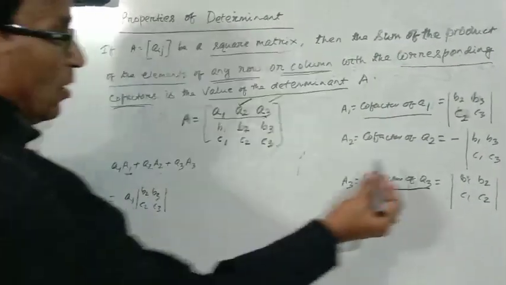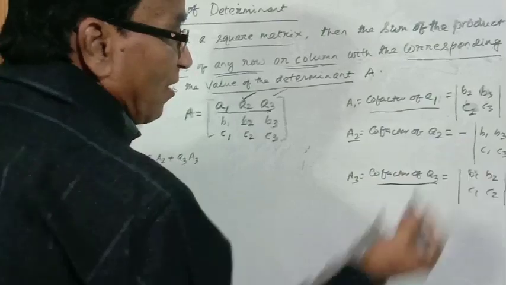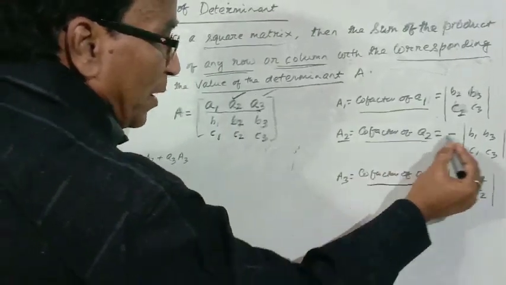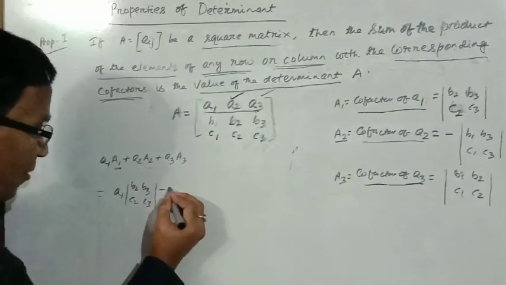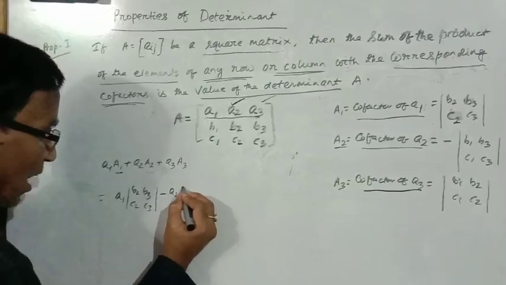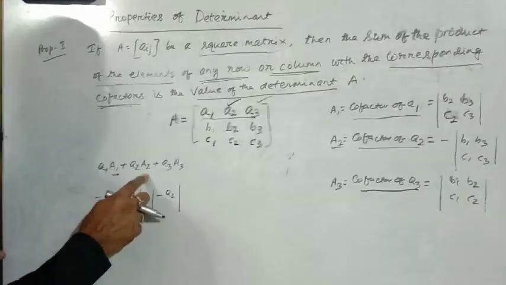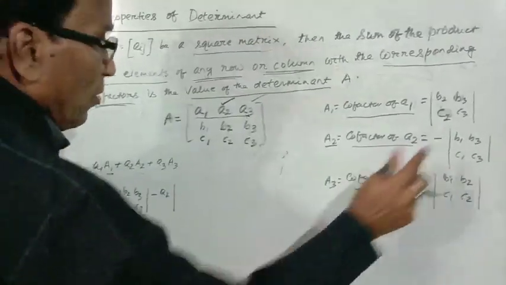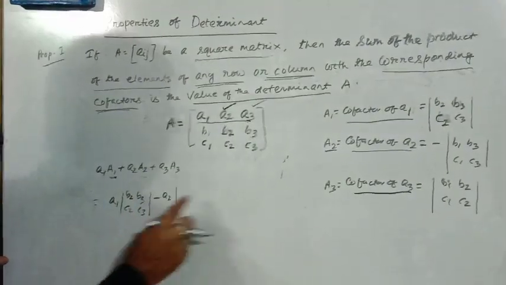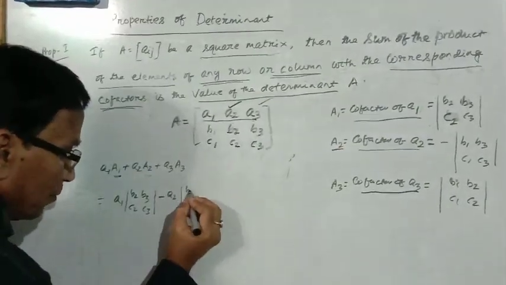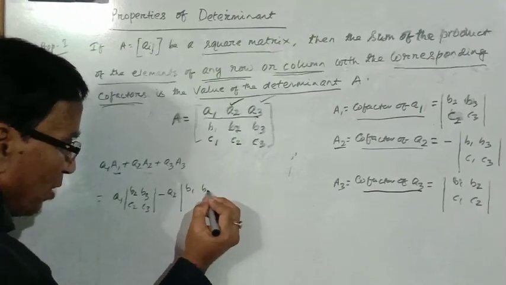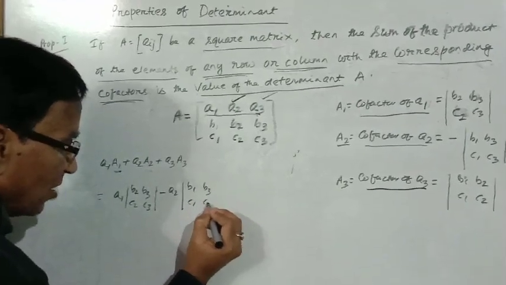Plus a2 into the cofactor of a2, which is minus, so it is minus a2 into capital A2, the cofactor of a2, which is minus the determinant of b1, b3, c1, c3.